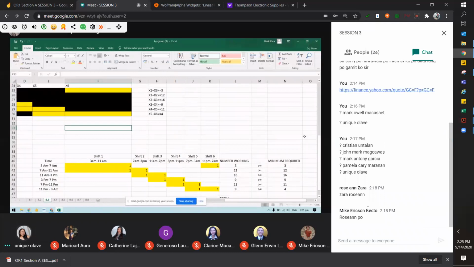Okay. So, parang yung X1 plus X6 greater than equal to 3 ay kailangan mula 11 p.m. hanggang 7 a.m.